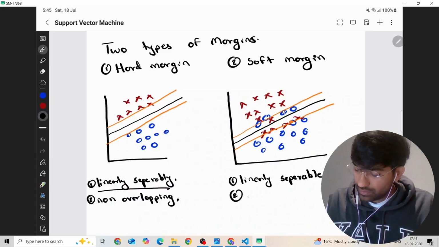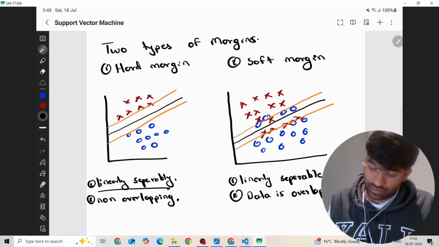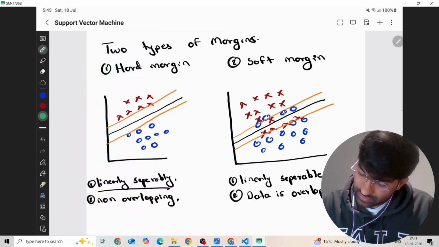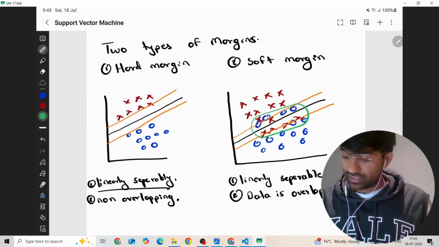If you see these points, these are overlapping, right? We have drawn the hyperplane on that.